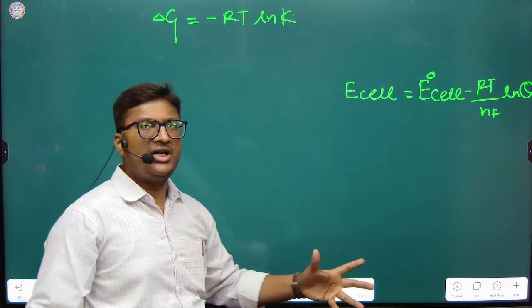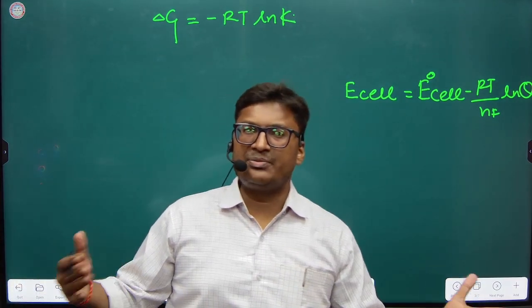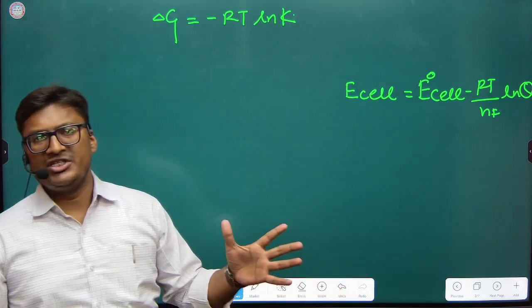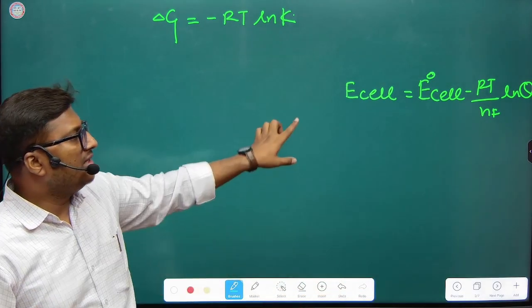It means once there is an anode and cathode which are dipped in respective salt solutions, the potential generated in the electrochemical cell is E cell.